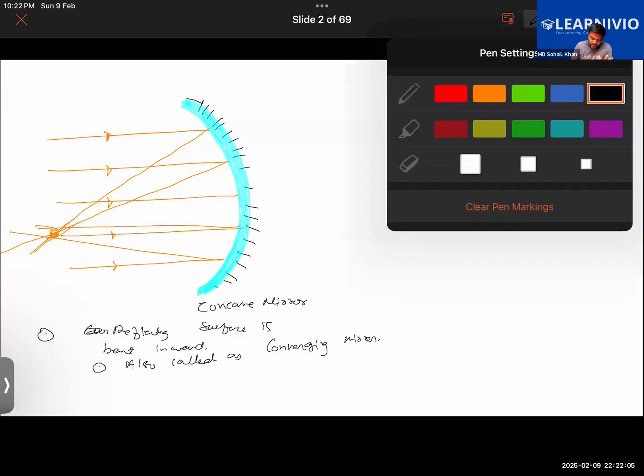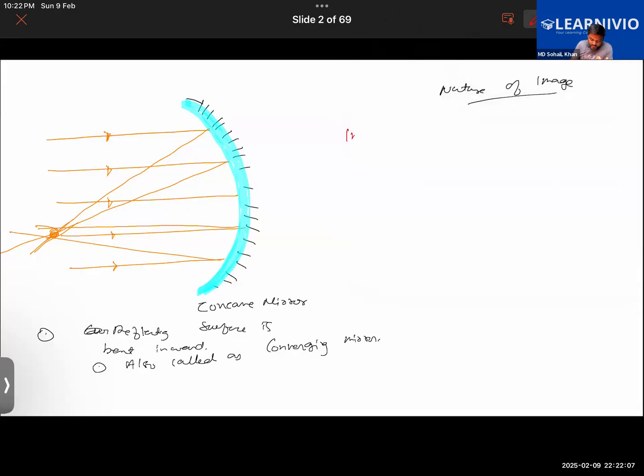So the image can be both real and virtual, but that depends upon how far the object is placed in front of it. Priyanka, particularly, are you getting it, and everyone else? The nature of image formed by this can be real or virtual.